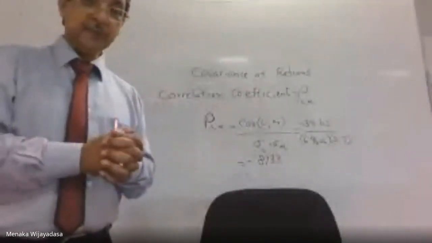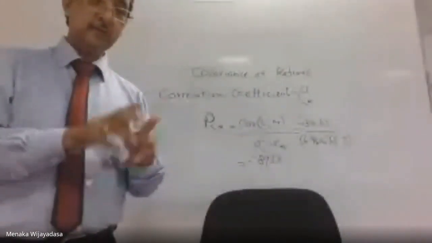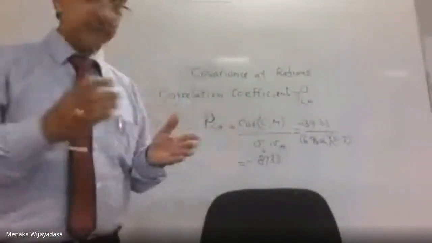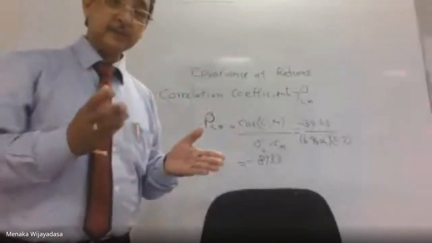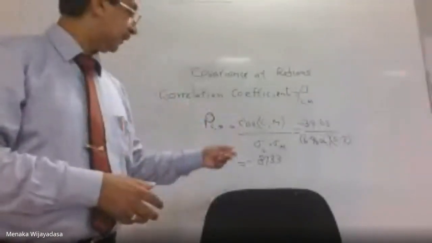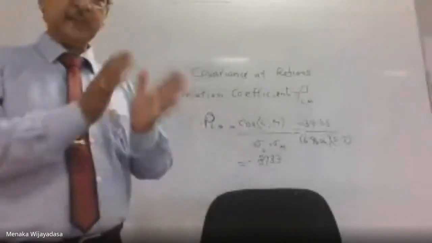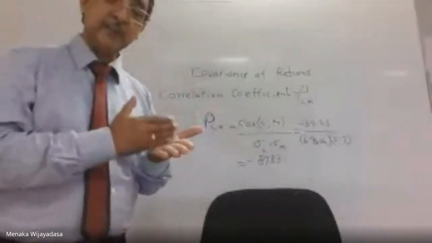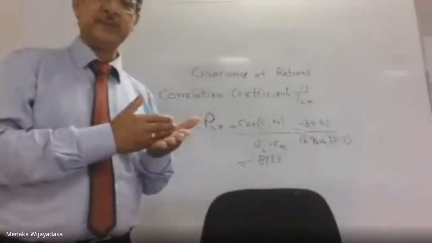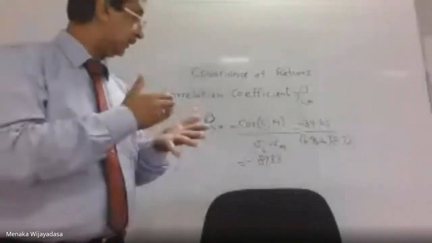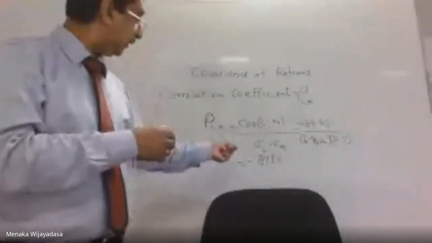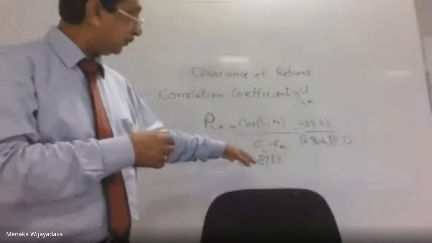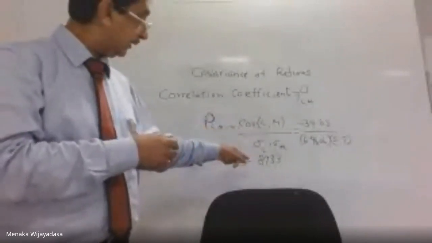Now, this correlation coefficient gives you a very good explanation about the relationship between returns of L and M. The correlation coefficient should lie between minus 1 and plus 1. That's a theoretical law.